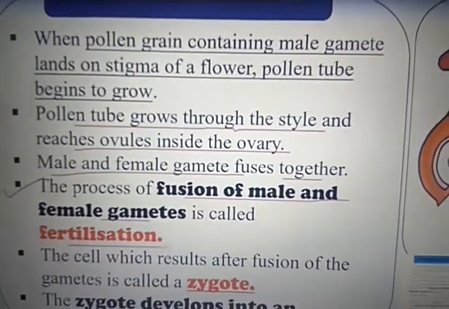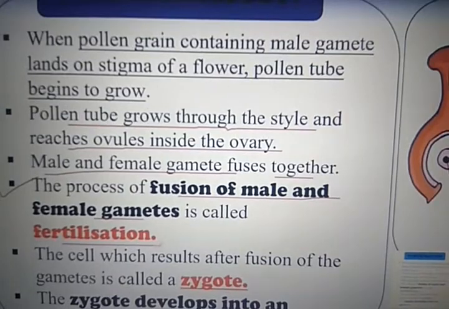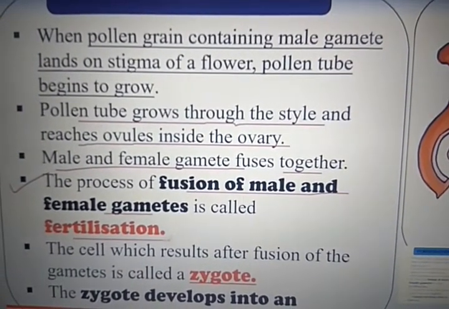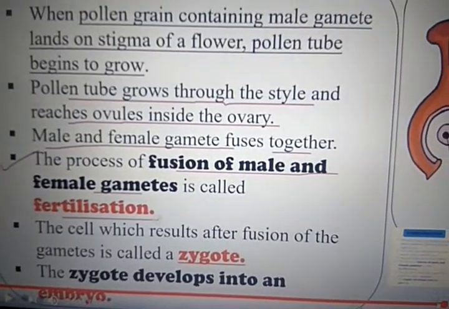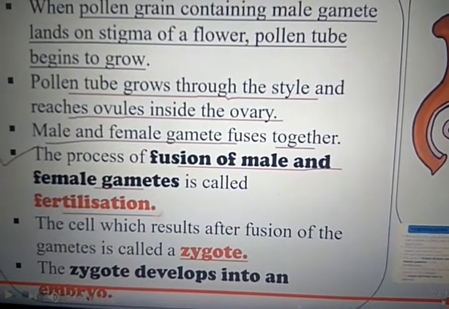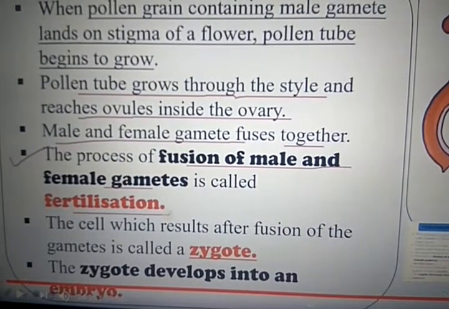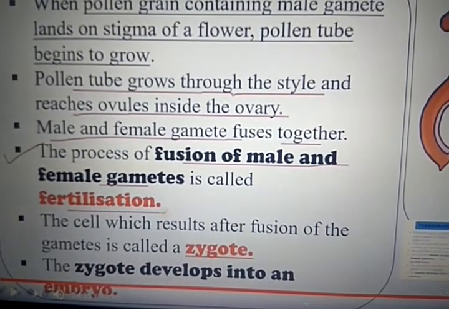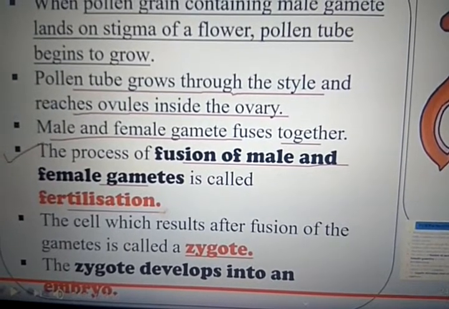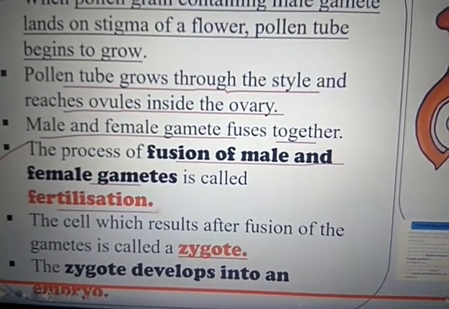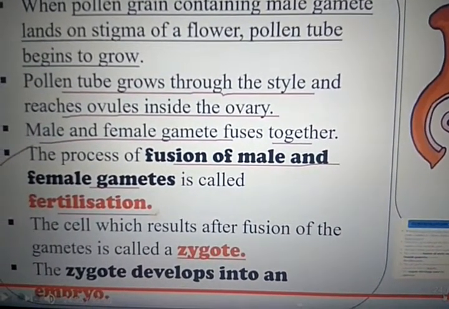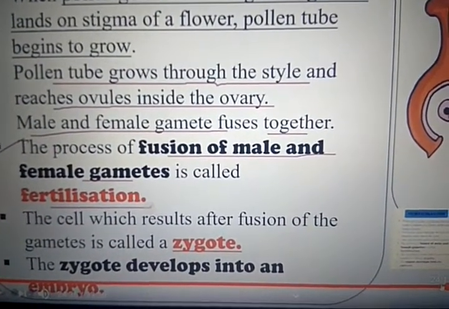So when pollen grain containing male gametes lands on stigma of the flower, pollen tube begins to grow. This pollen tube grows through the style and reaches ovule inside the ovary. Male and female gametes fuse together. The process of fusion of male and female gametes is called fertilization. The cell which results after fusion of the gametes is called zygote.